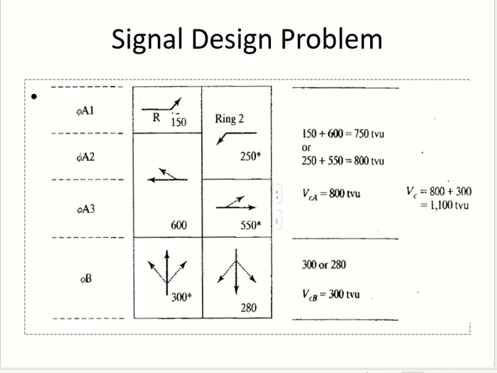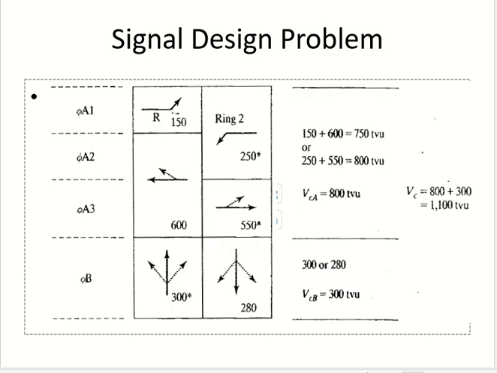No. So they have to be in one order, one after the other. So I look at this order and I find 150 plus 600, total 750. So one sequence gives me 750.